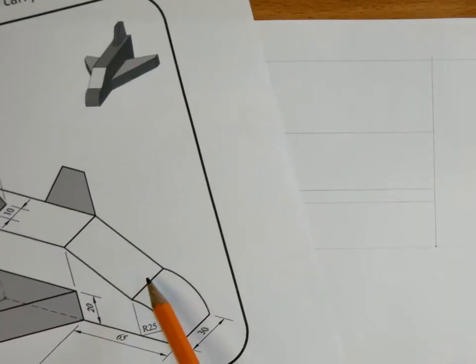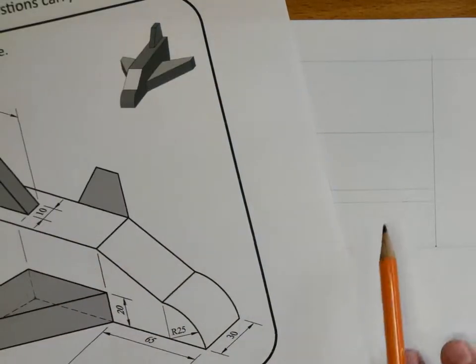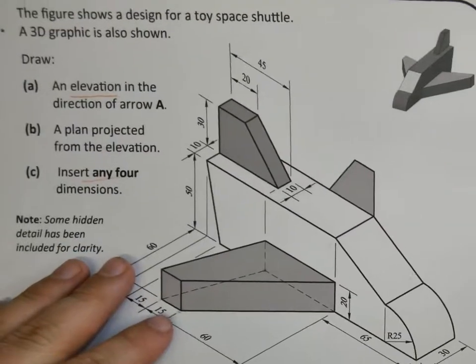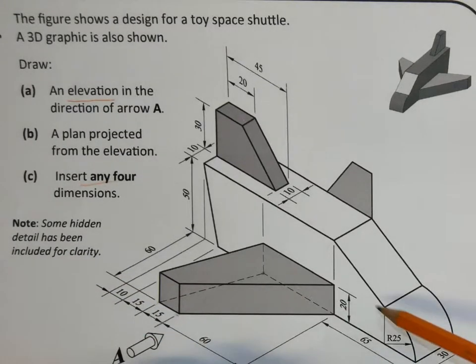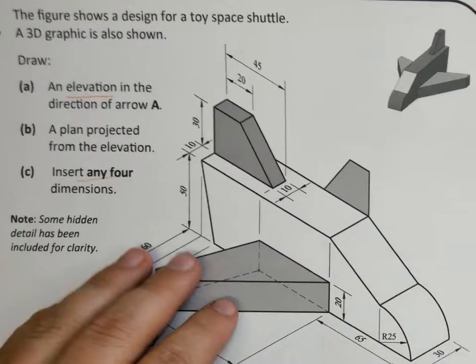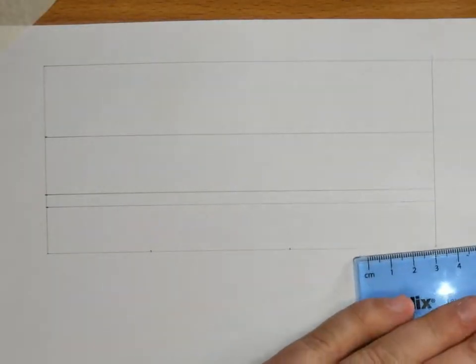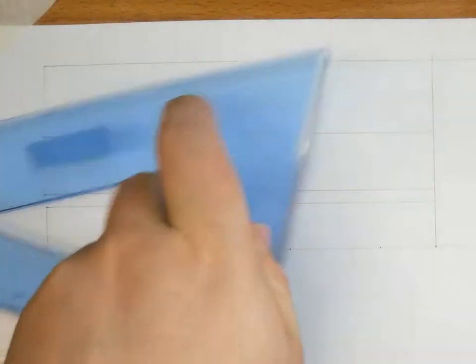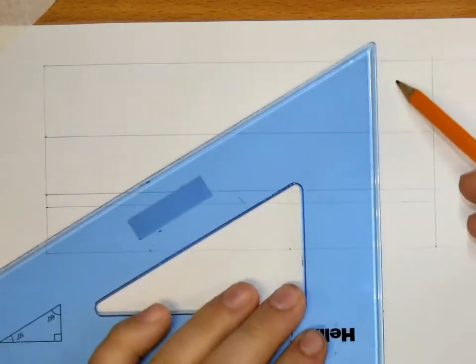I'll just fold this over to make it easier. So this line, and we'll do that one in a moment. I'm going to measure over 25 here. I want to draw a straight line there.